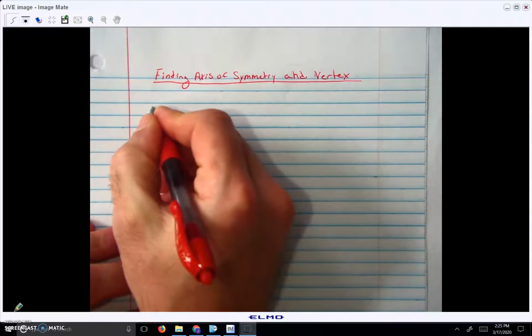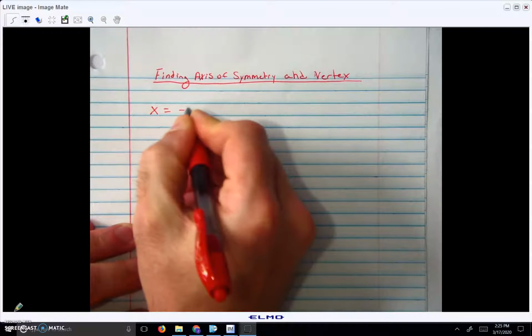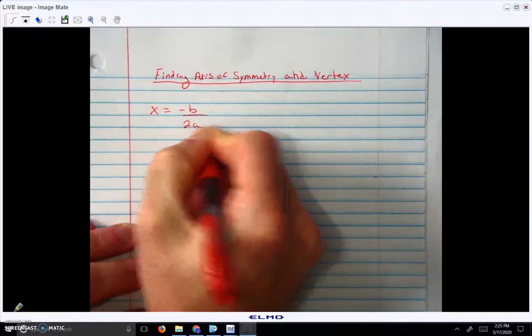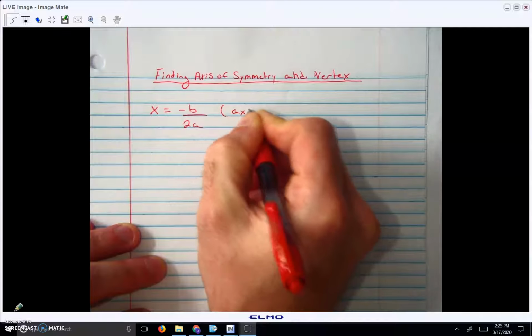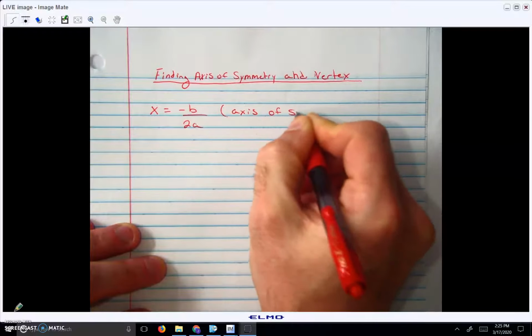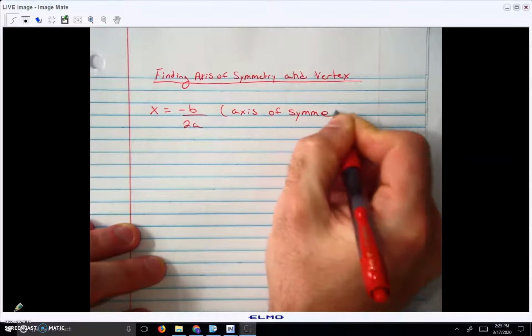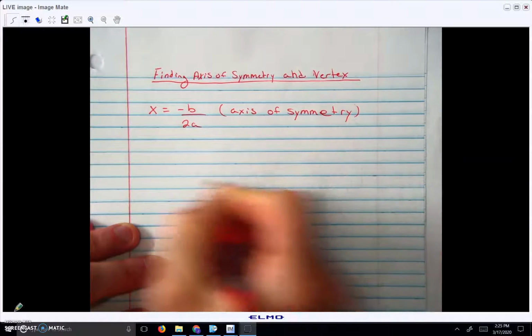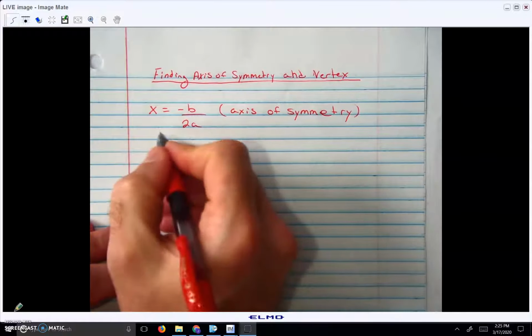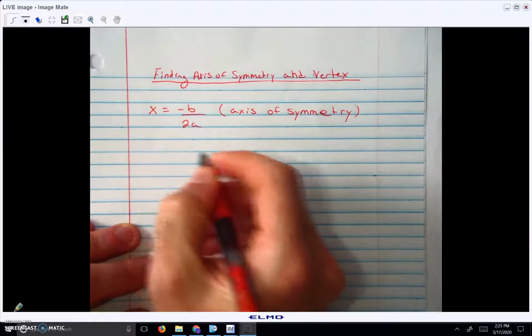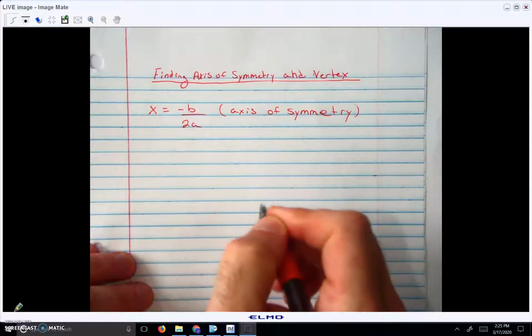So remember that my formula for axis of symmetry is x equals negative b over 2a. Now, I then can use that x value to get my vertex for my equations.